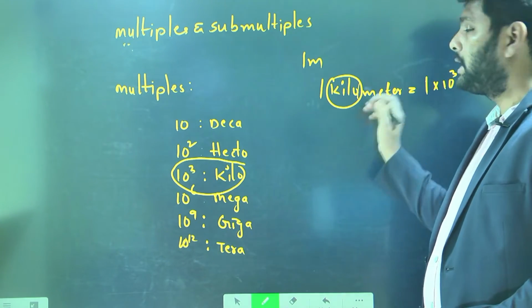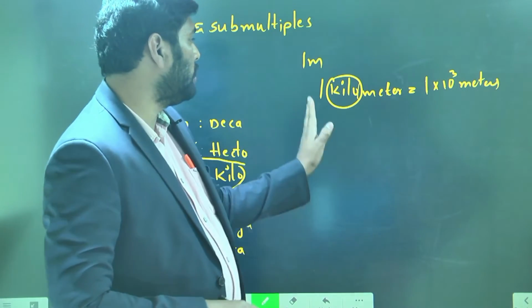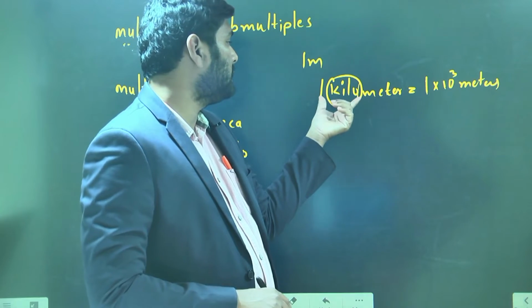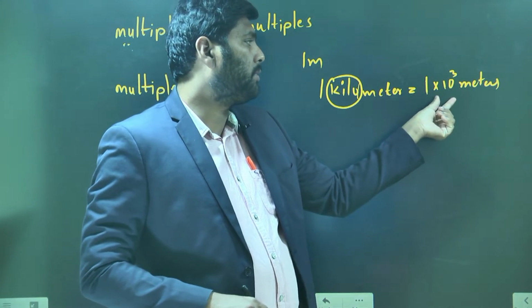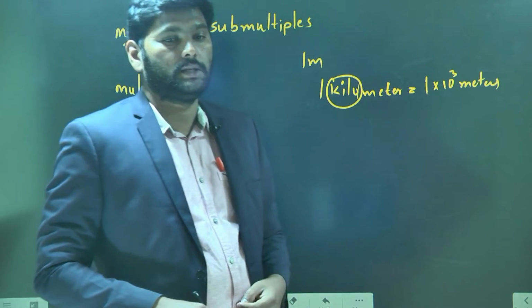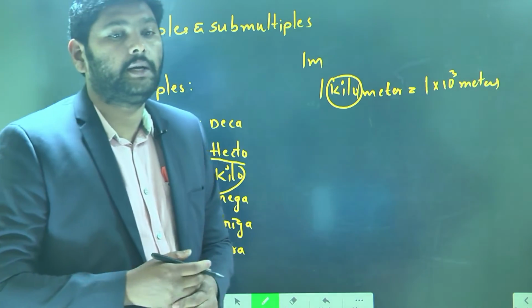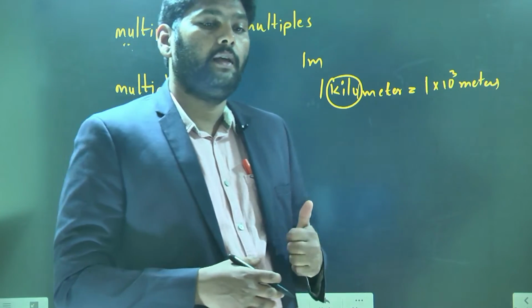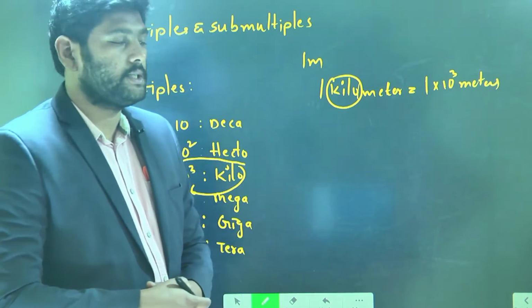This is the way you can convert kilometers to meters. By taking kilo as 10 power 3, we multiply by 10 power 3 and write meters. So 10 power 3 meters is equal to 1 kilometer. That way the multiple is used to express the units.